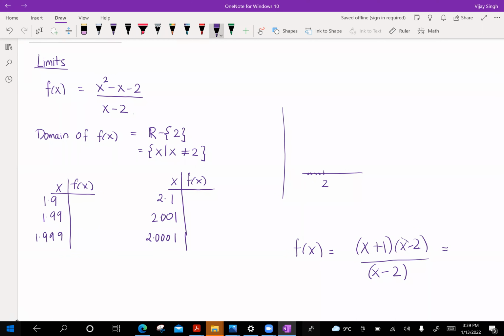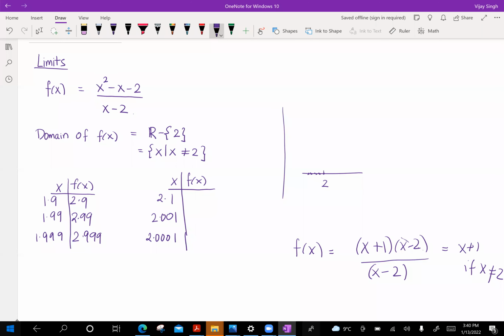So this is same as x plus 1 if x is not 2. Well, if x is 2, then there's nothing. But if x is not 2, then it's x plus 1, right? So 1.9 is not 2, right? So it's going to be x plus 1. So it's going to be 2.9, 2.99, 2.999.